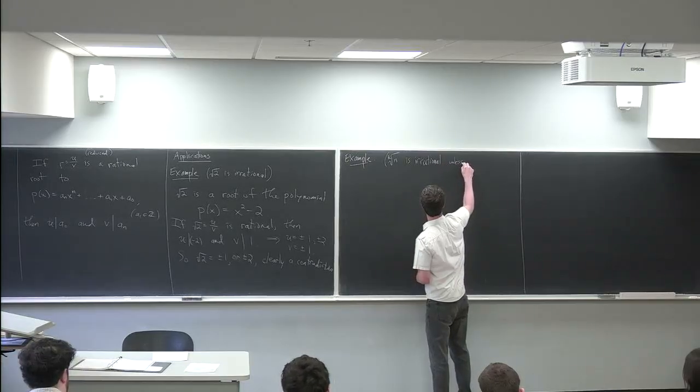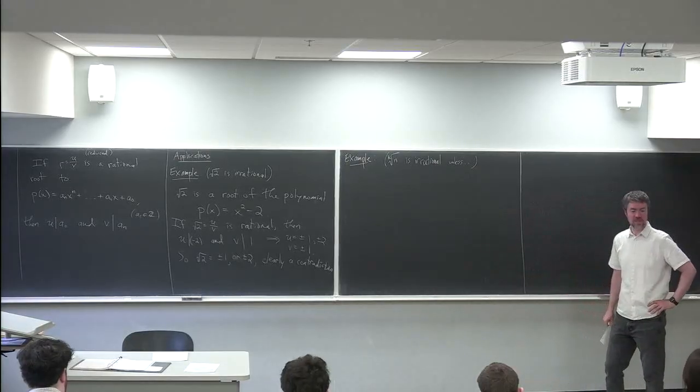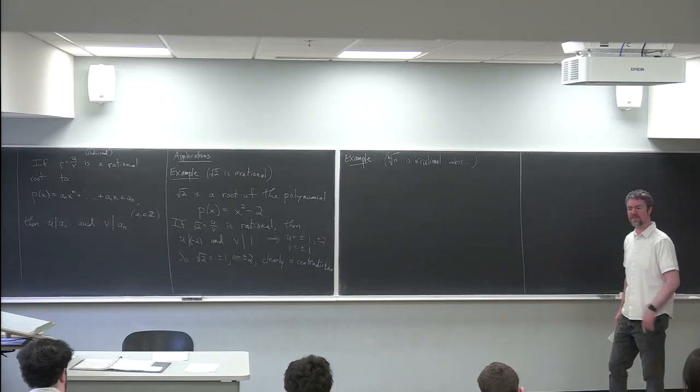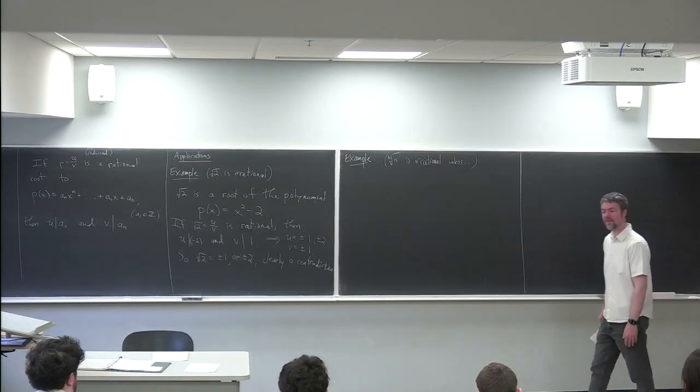We proved that this thing is going to be irrational most of the time, but there was an out: a scenario in which it could be rational, and that was when n itself is a kth power of an integer.